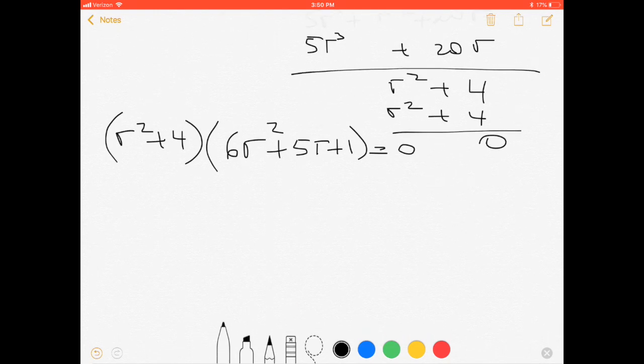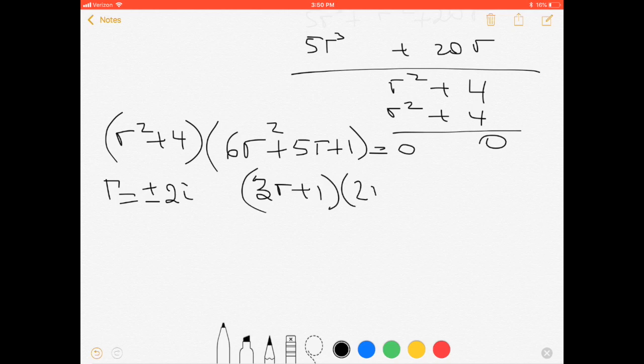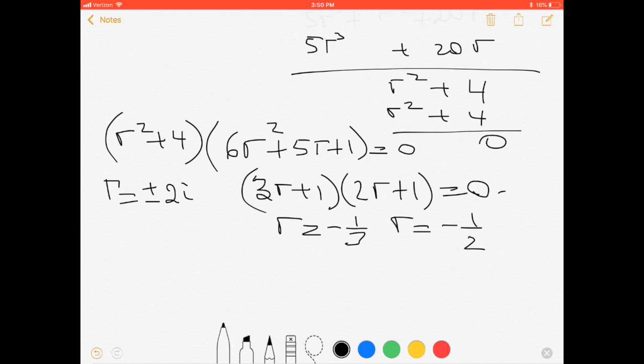Here we have r equals plus or minus 2i. Here we can factor: it will be 3r plus 1 and 2r plus 1. r equals negative 1/3, r equals negative 1/2.